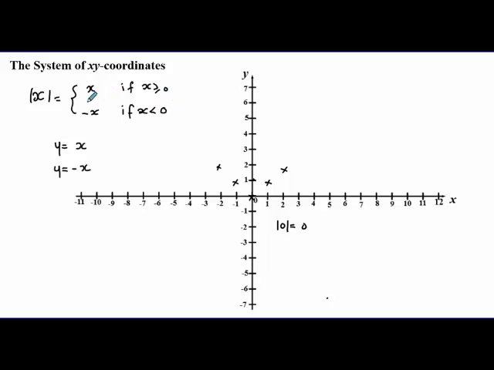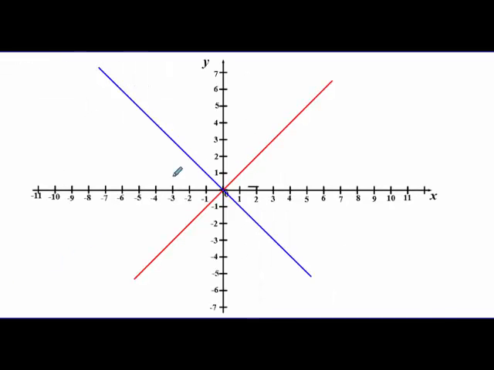This is a typical example of a function which is defined piecewise, because it has one expression for one part of its domain, and another expression for, in this case, the negative numbers, another part of its domain. So that takes us to the idea that this absolute value is closely related to these two functions, y equals x and y equals minus x.